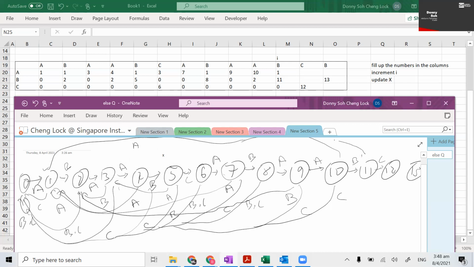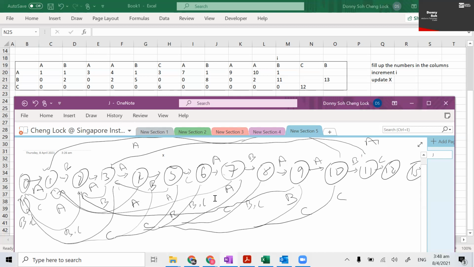So this will go to 3 if it's an A. If it is a B, let me check where it will go.